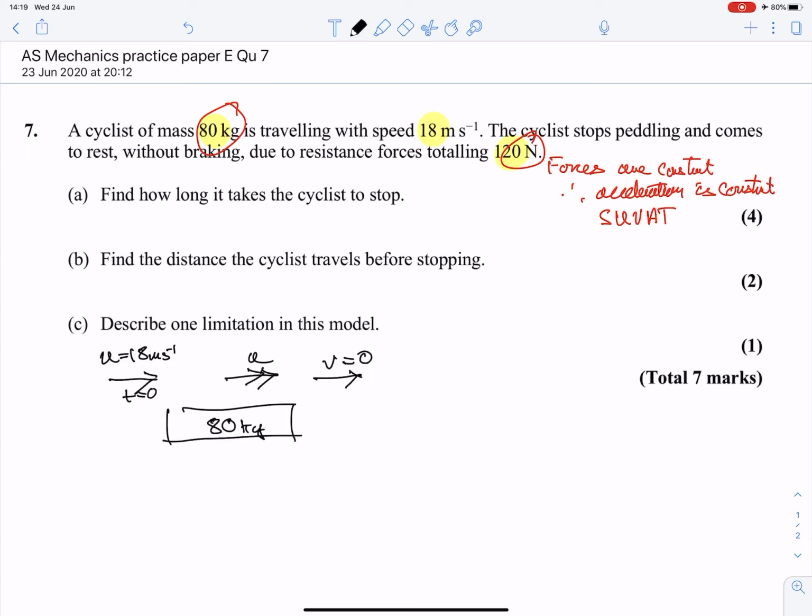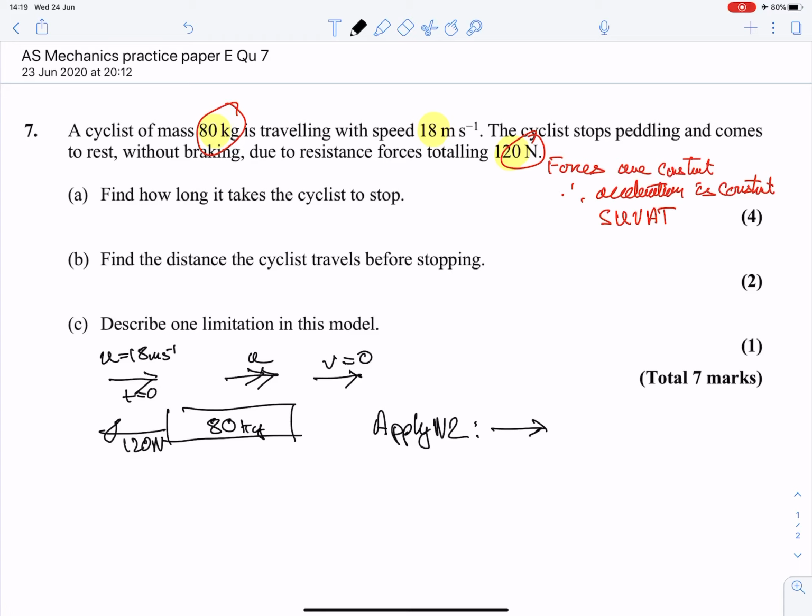And we've got a resistance force of 120 newtons. So apply N2. We've got mass and forces, so that's a big sign that we're going to need to apply N2 in the direction of the initial motion. So we've got direction, increasing x really is a better way of thinking of it.